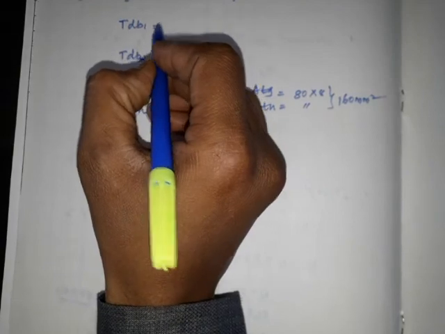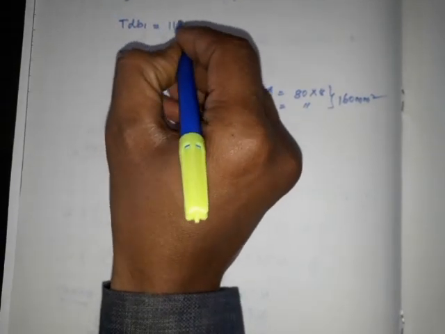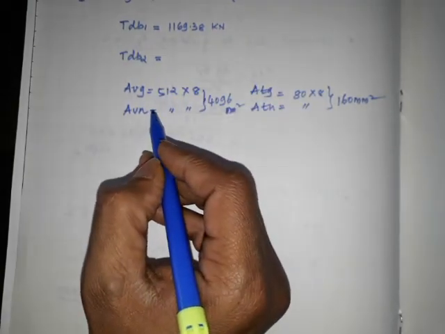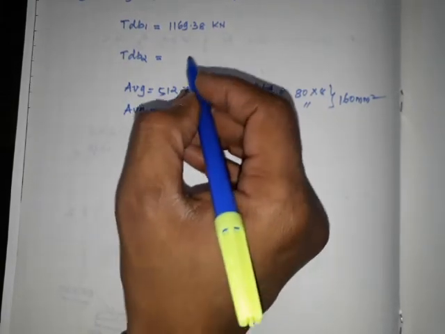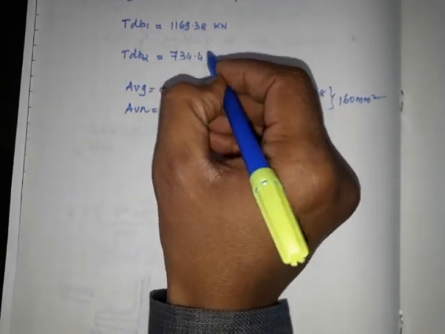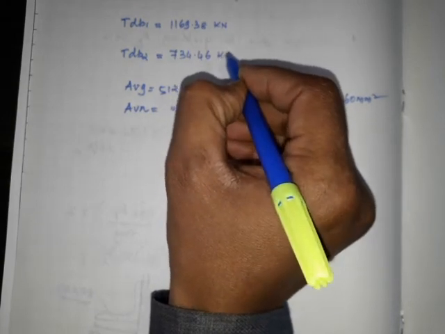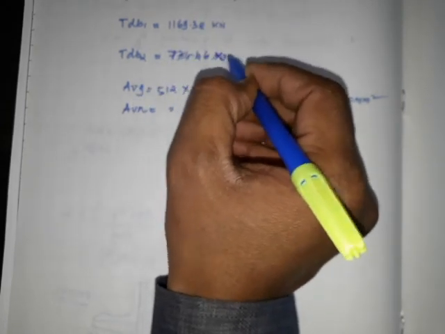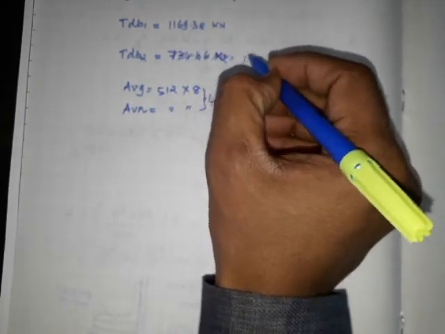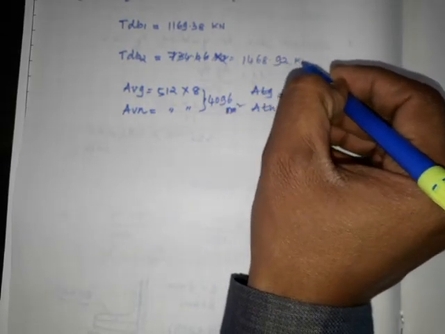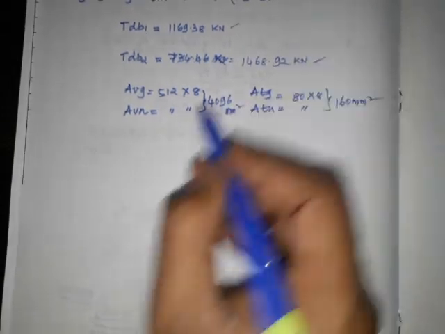Here we get the value of TDB1 as 1169.38 kilonewton, and the value of TDB2 we get as 734.46 kilonewton. Into 2 we have to multiply here. Here it is already multiplied, so I will write the final answer only: 1468.92 kilonewton. This is for TDB1 and TDB2. So what is the final answer?